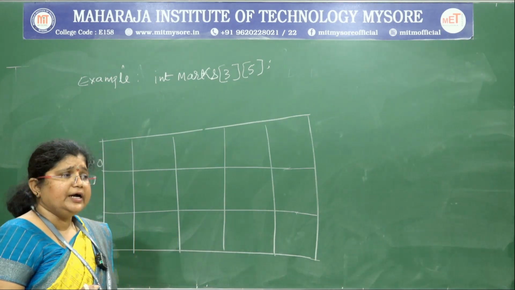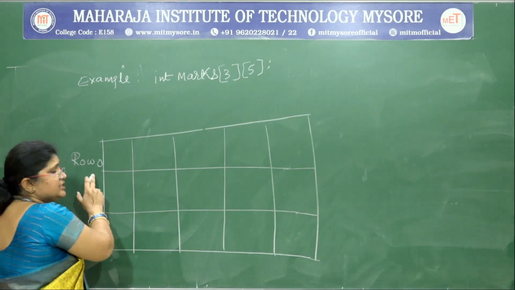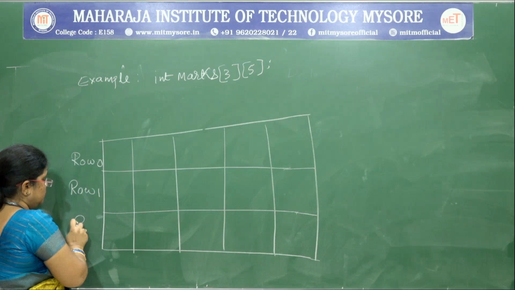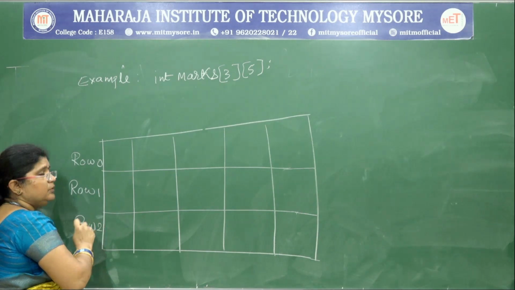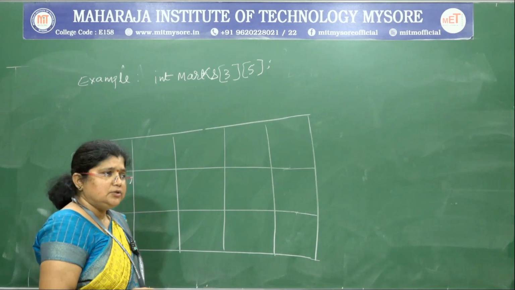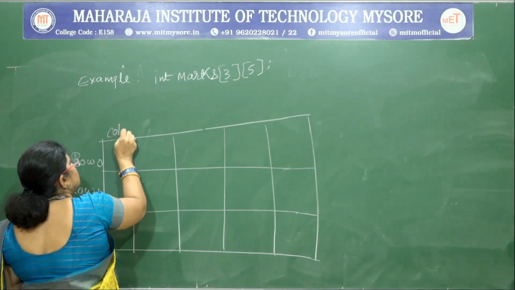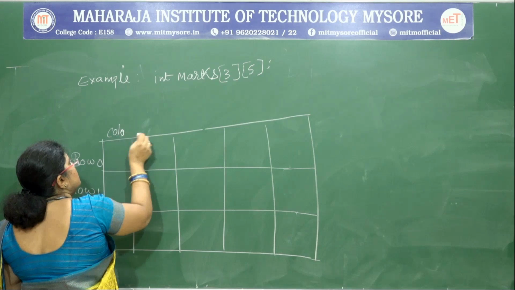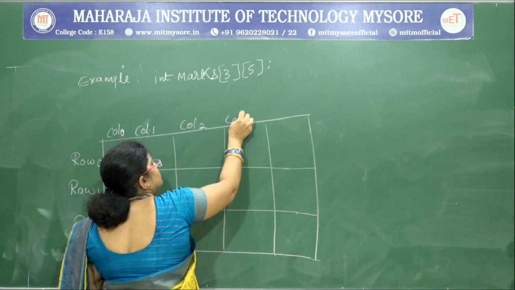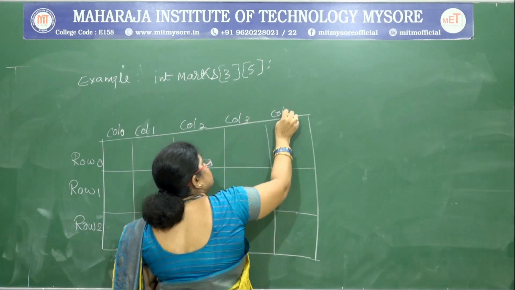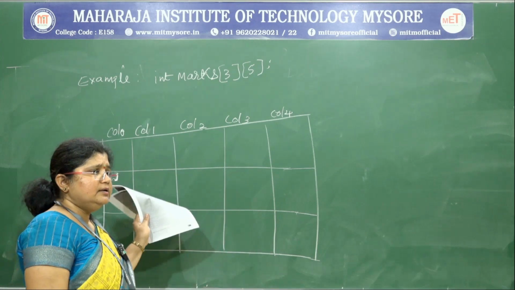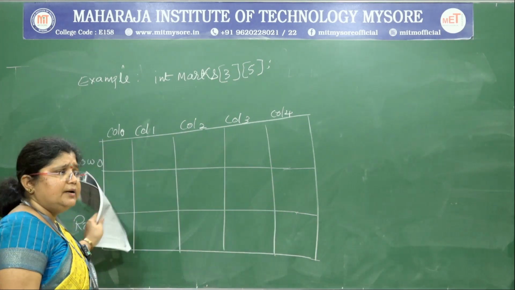According to that, it contains row 0, row 1, row 2. Next, 5 columns: column 0, column 1, column 2, column 3, column 4.